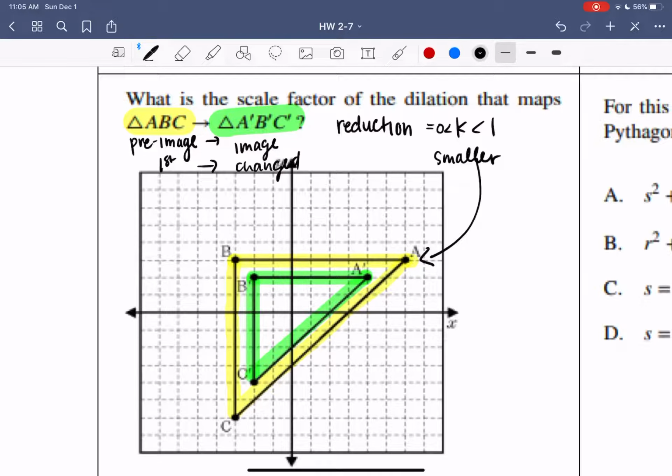Now we want to look at the placement of A and A prime. So 1, 2, 3, 4, 5, 6. We have 6 on the X and 1, 2, 3 on the Y, and A prime is going to be 1, 2, 3, 4, and 1, 2.